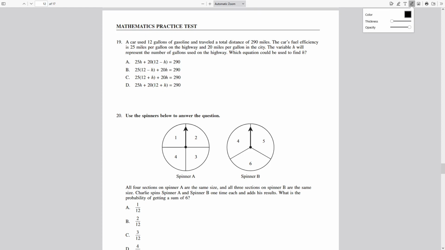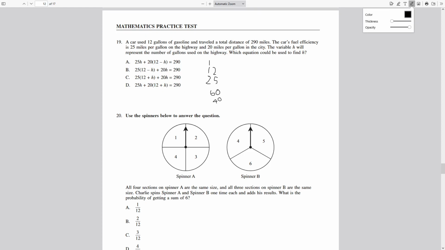Let's say that all 12 gallons were used on the highway. That's 12 times 25. That'd be 10. And then 1 times 5 plus 1 is 6. Yes, that is 12 times 5. Add 0 here. 2 times 2 is 4.